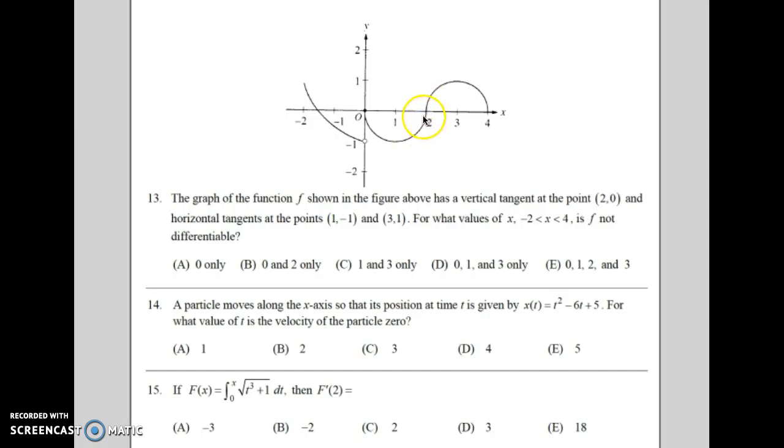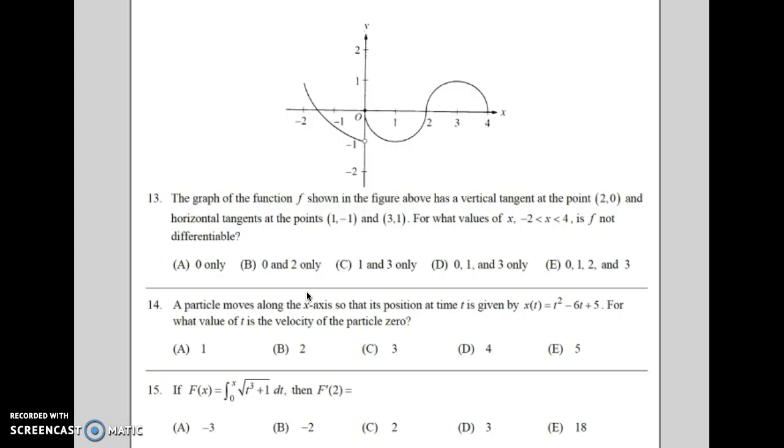Vertical lines have slopes of, basically there's a rise but no run, so it would have, let's say, a rise of 3 but the run would be 0, so it's like dividing by 0, which is no good. So B is the correct answer.